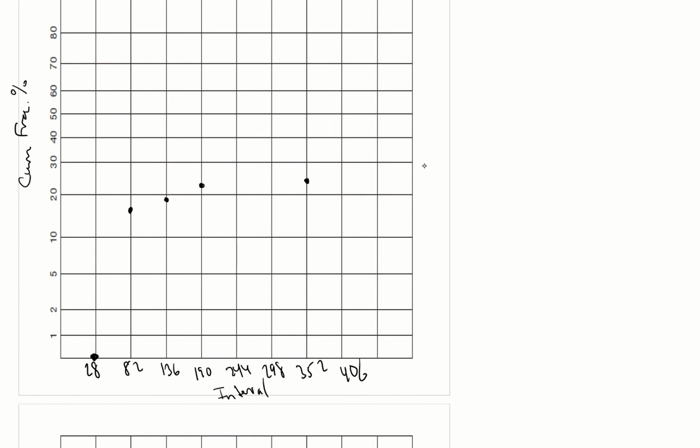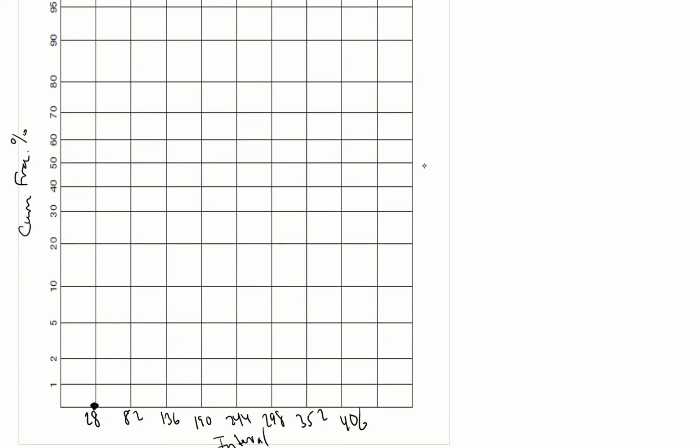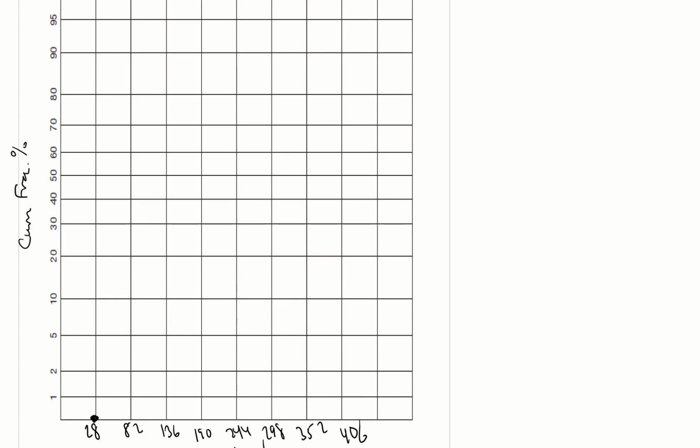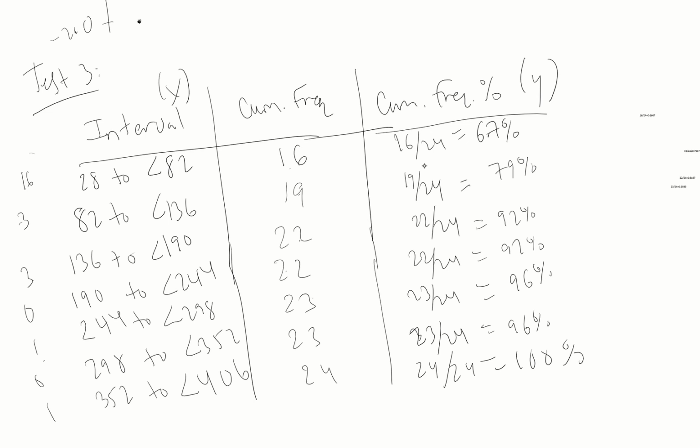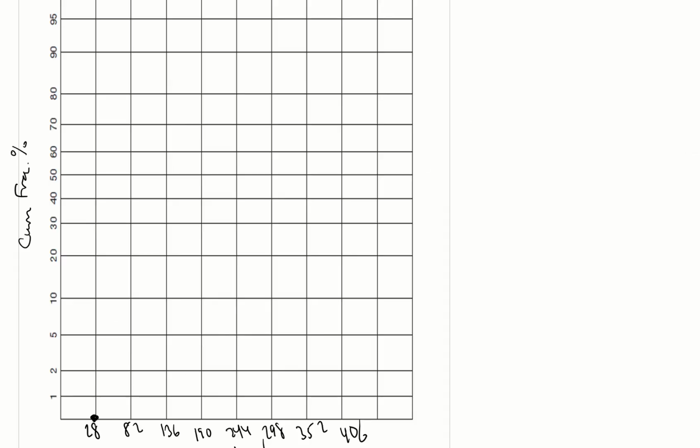Okay, so this one is 0. This one is 67%, I'm sorry. No wonder the numbers were a little weird. Let me go back to my table. So yeah, we have 67, then 79. Okay, so let's use those numbers.